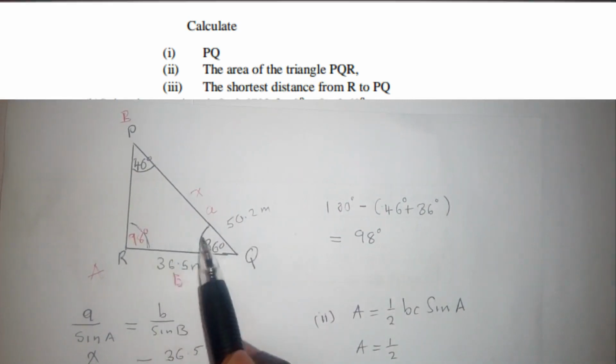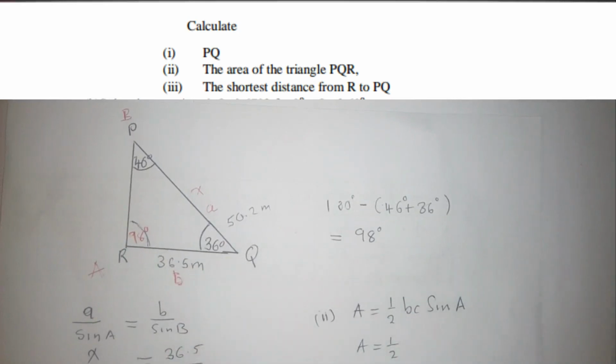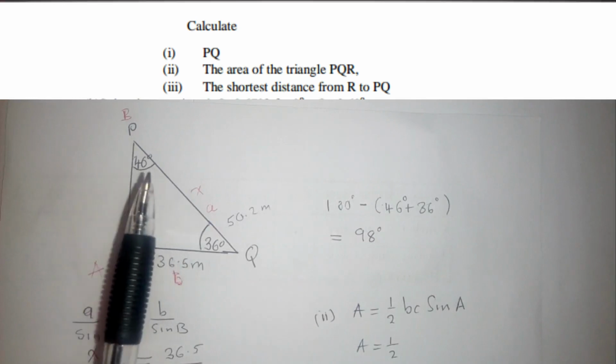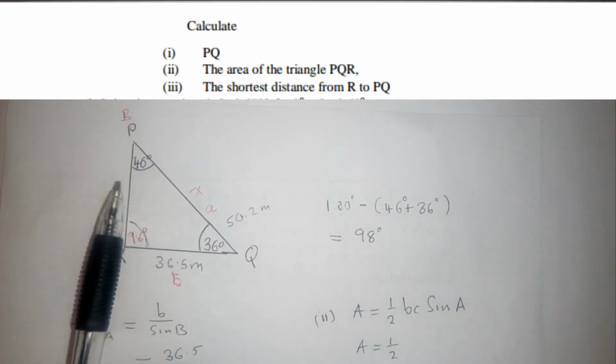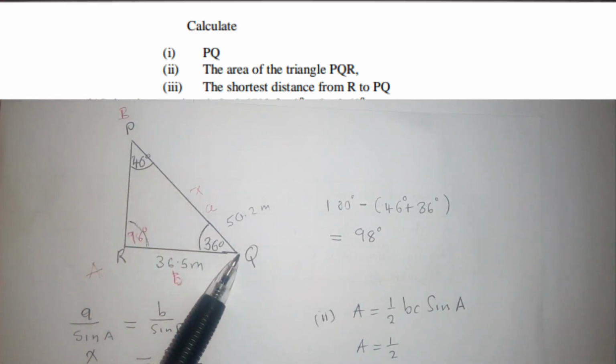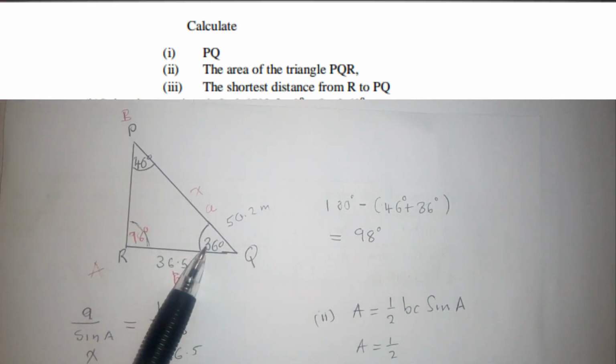We check on our triangle which sides we have been given to find the area. They've said we find the area of the triangle PQR. So the angle we are using is where Q is, this one, 36.